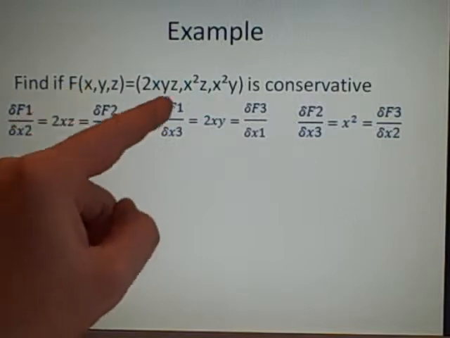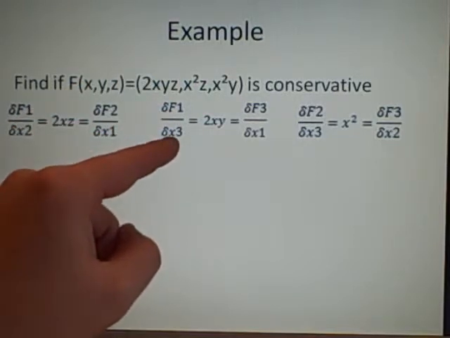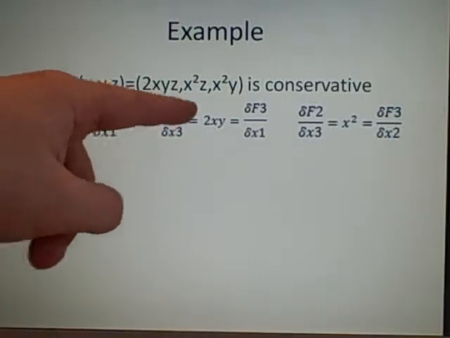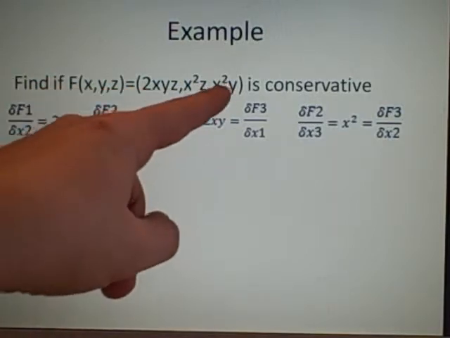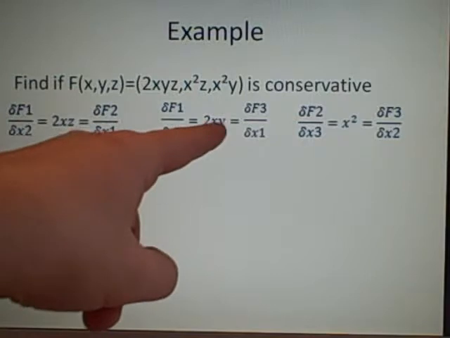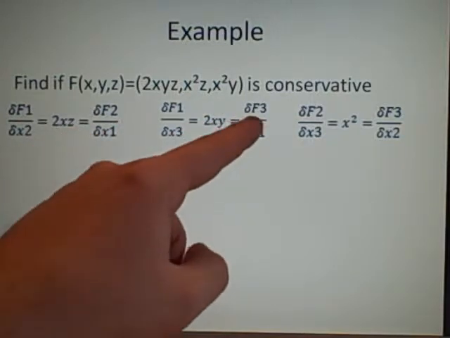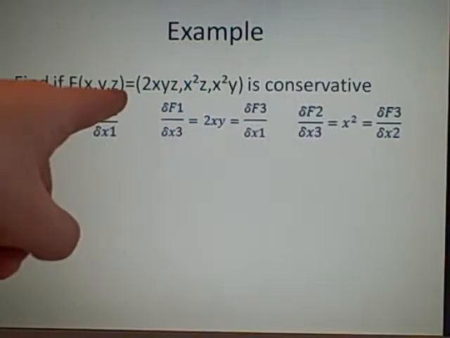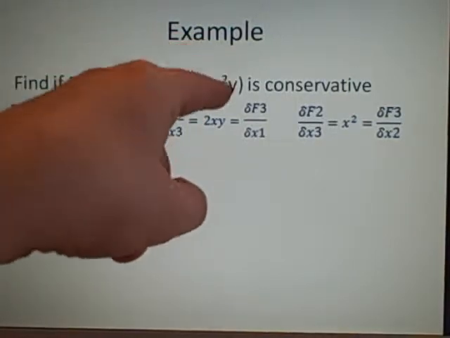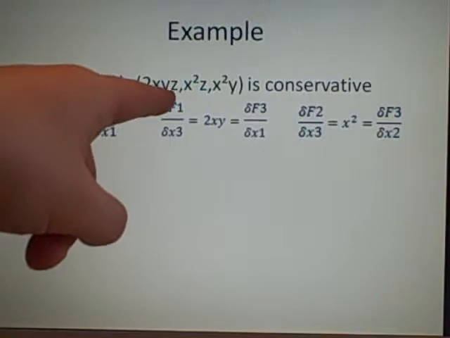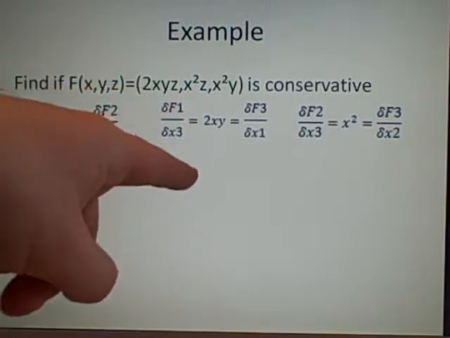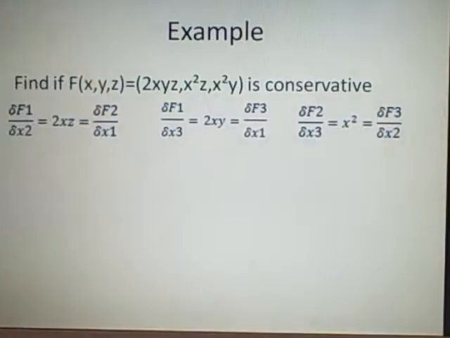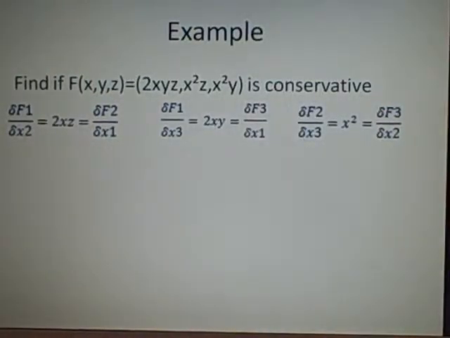For f1 and x3, we differentiate x squared y with respect to x and get 2xy. And for f3 and x1, we differentiate 2xyz with respect to z, take off the z, and we get 2xy. It's the same for here as well. I hope that made sense.